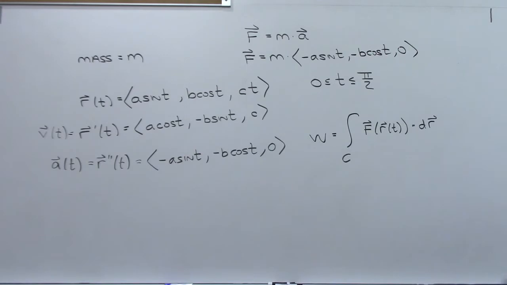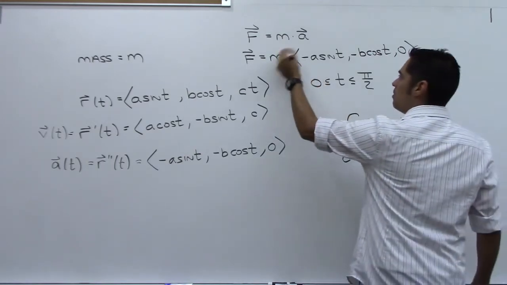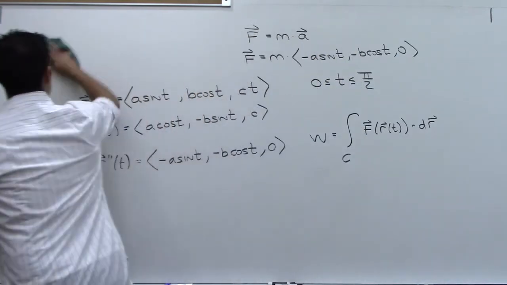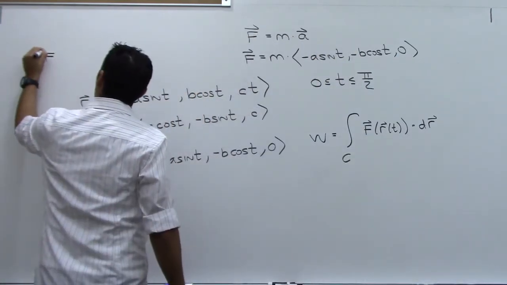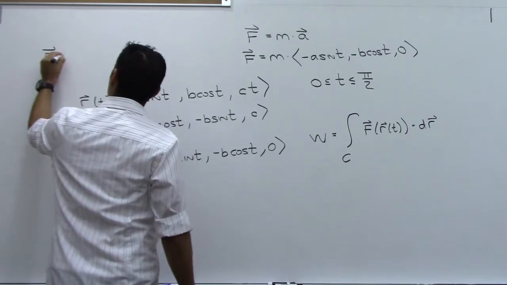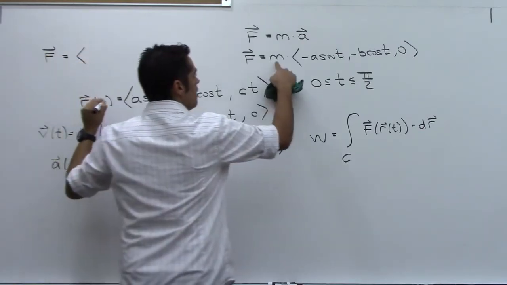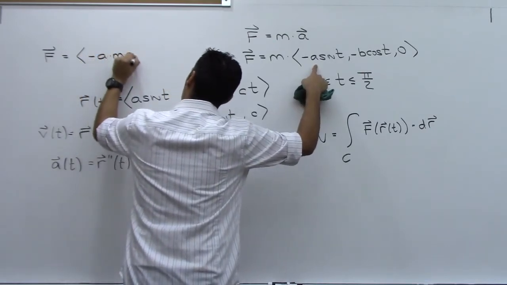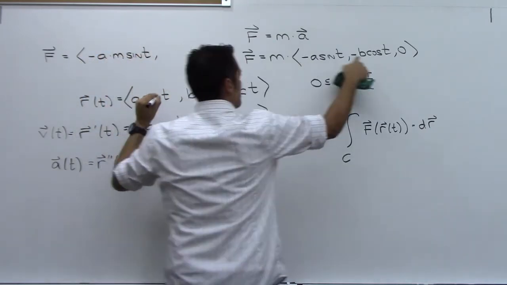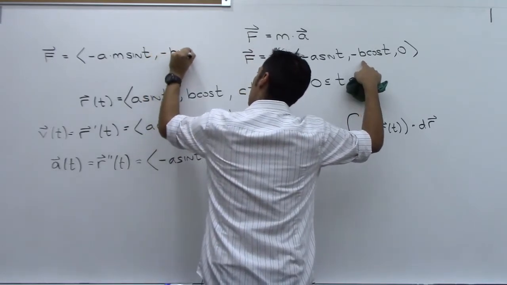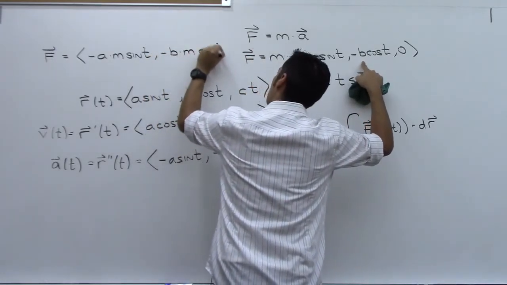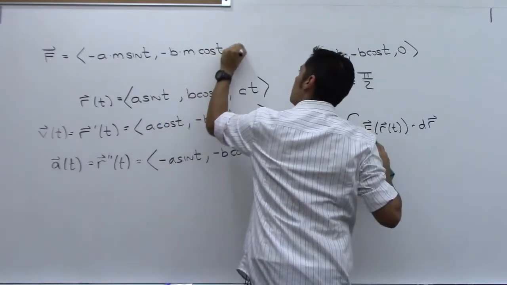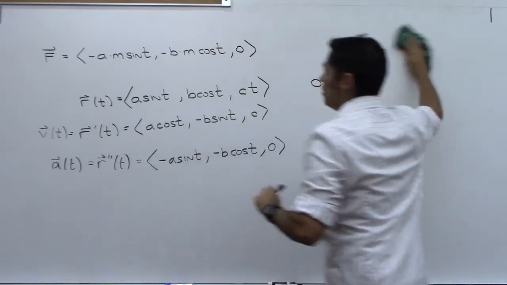If I multiply the m through as a scalar multiplication, it just distributes, so my force vector is negative a m sine t, negative b m cosine t, and mass times 0 is still 0. So there's my field.